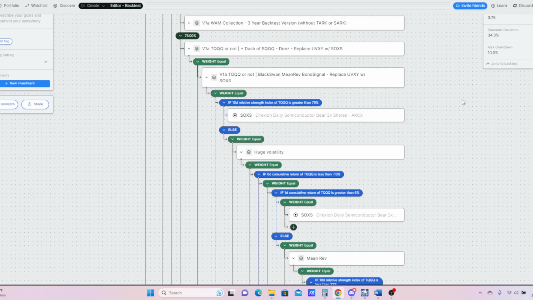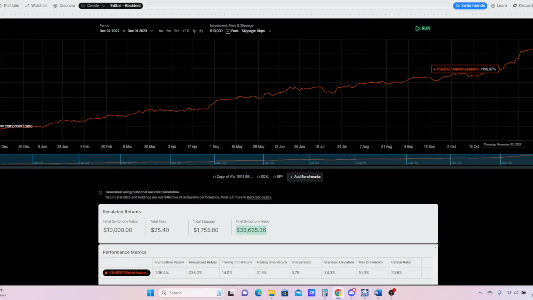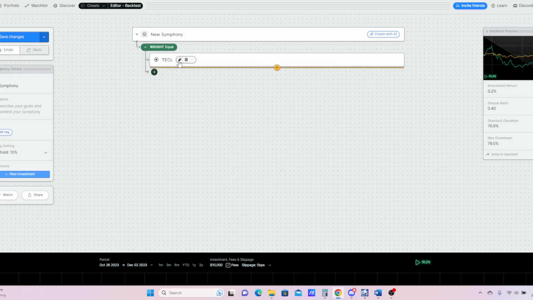Is UVXY 1.5 leverage? I'm pretty sure. I think there's a VXX, which is 1.0 leverage, and UVXY 1.5. But you get sort of the same thing with SOXS, except you get 3x leverage. So he's trying to turn the knob up double. If that makes any sense.